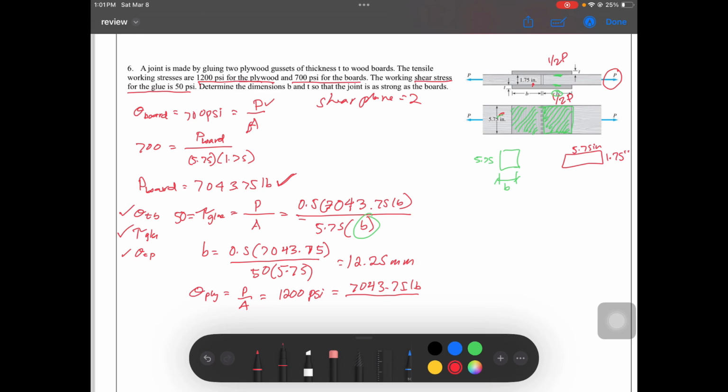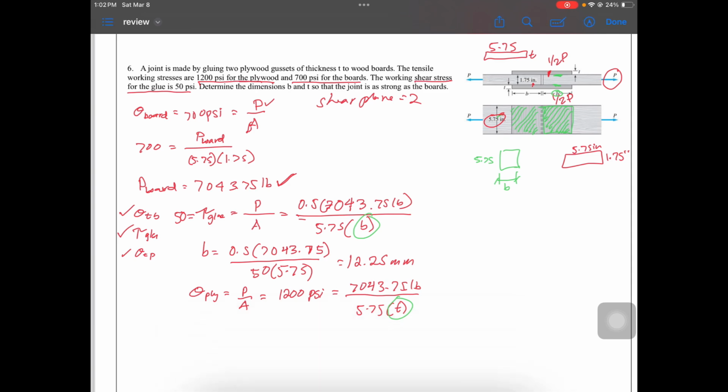Ano naman ang area para sa plywood? Ito siya. Ano yung area na yan? Yung rectangle. And then yung missing na T. And then ito pa din yung lapad, 5.75. So 5.75 times T. So T is the only unknown.